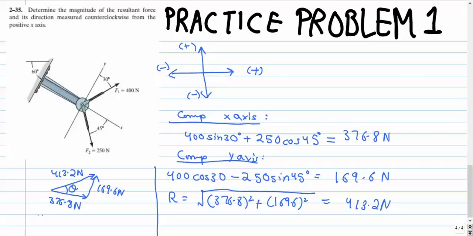So we'll simply find theta using the trigonometric identity tan of theta equals 169.6 divided by 376.8, and we will get theta equals 24.2 degrees.